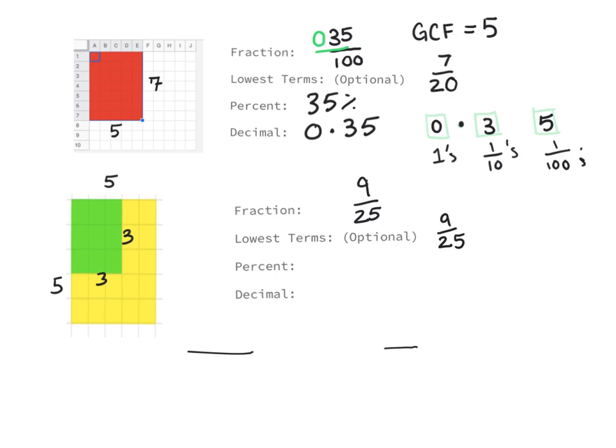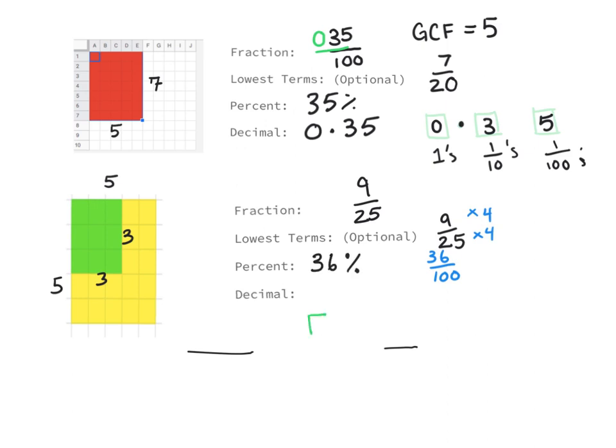But if it's easier for you to do this, the percent is out of 100, so you can easily convert that. You know that 25 times 4 equals 100, so 9 times 4 equals 36. Therefore, it becomes 36 out of 100, which equals 36%.